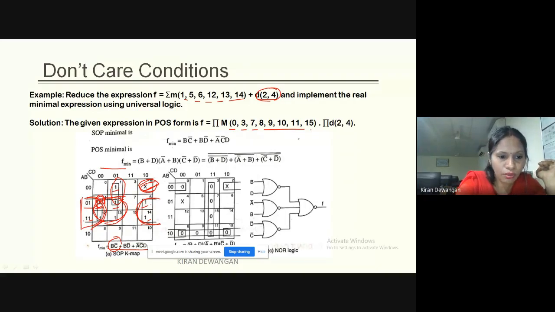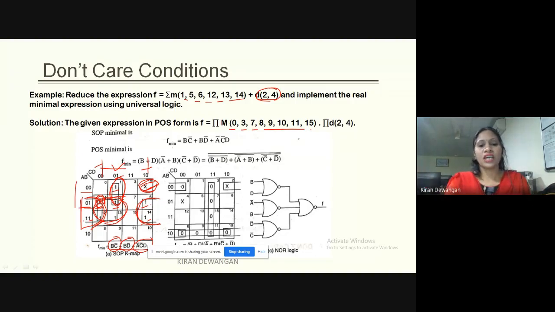Now what is common in these two columns? It is D bar. D is 0 here and D is 0 here also. So it is BD bar. Clear? So that will be BD bar. Now coming to the pair. This is a pair. What is common in these two rows? It's just A, which is 0. So A bar. And this is common: C bar D. So it is A bar C bar D.